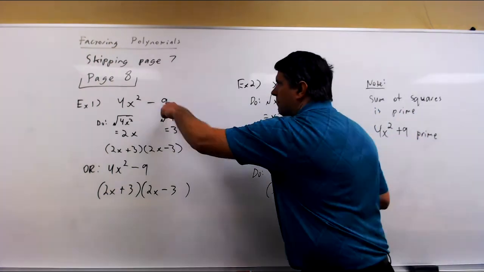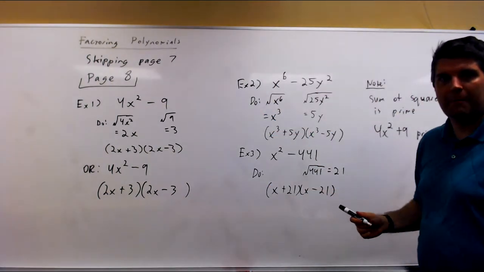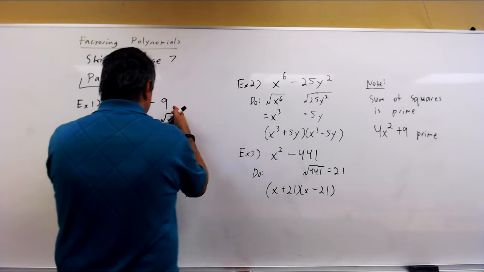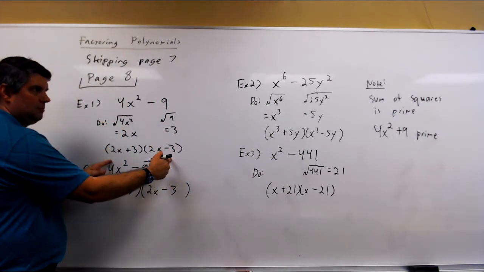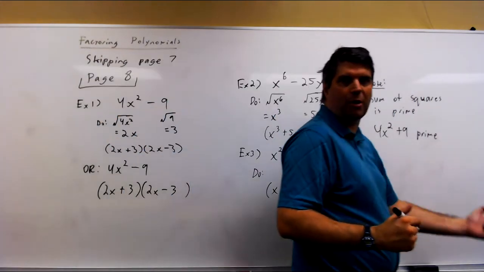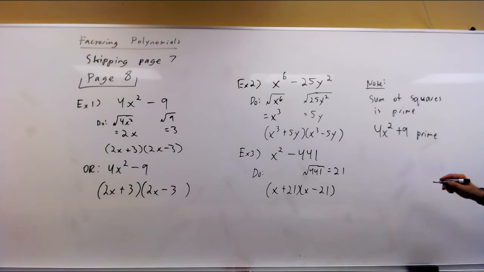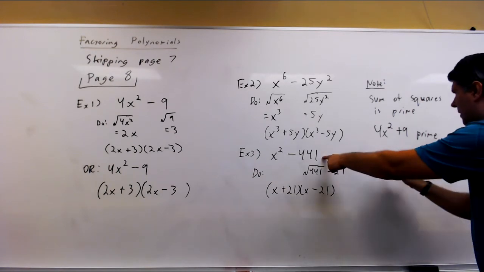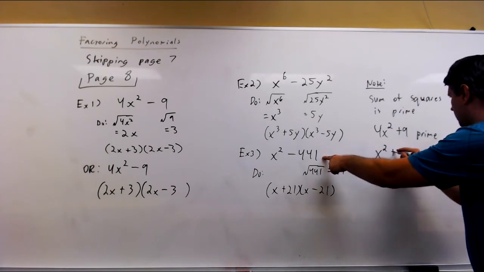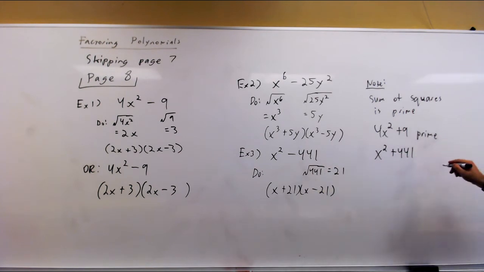So 4x squared plus 9 would be prime. Not minus 9, which factors like this. But plus 9 is prime. Similarly, x squared plus 441 is also prime.